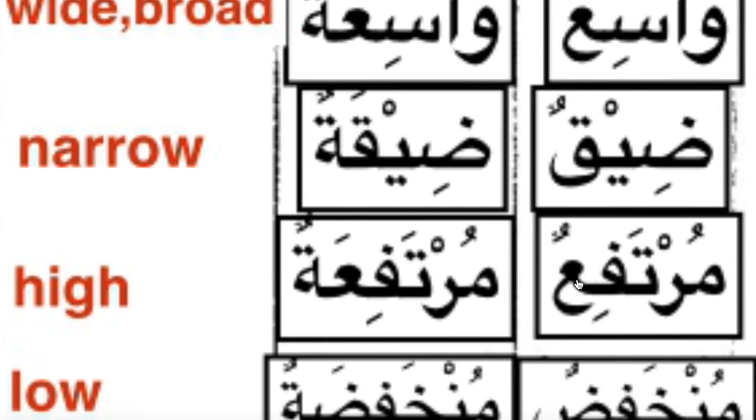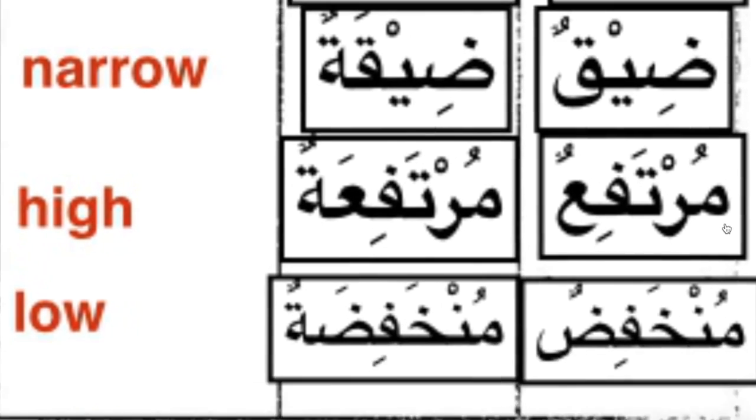And anything which is a feminine object will be murtafi'atun. What will be low? It will be munkhafidun, and the feminine version will be munkhafidatun. So these are the adjectives which we did.